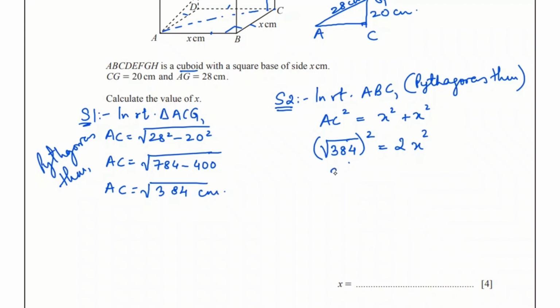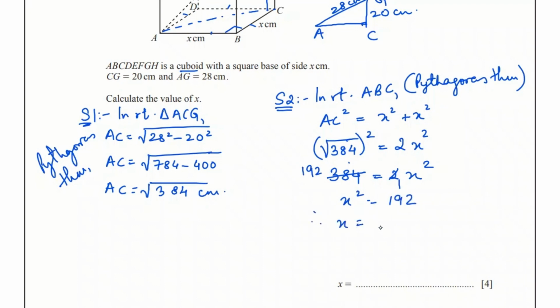So now we get 384 equals 2 times x square. Two ones are 192, so x square is equal to 192.